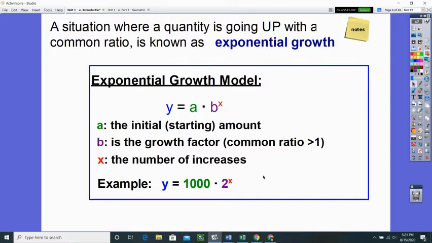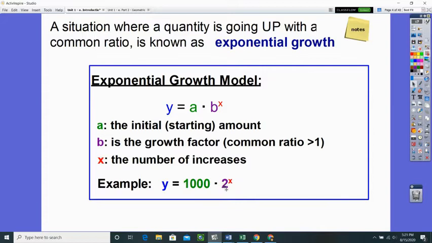I just want to mention here, what would happen if this number was 1? What if it was 1,000 times 1, exactly 1, to some number? So what if it was 1,000 times 1 to the first, or 1,000 times 1 to the fifth?